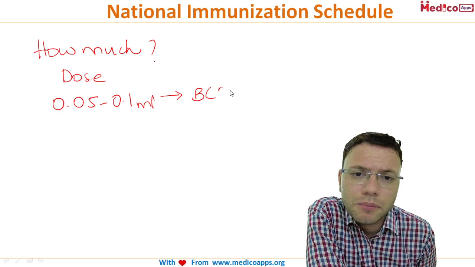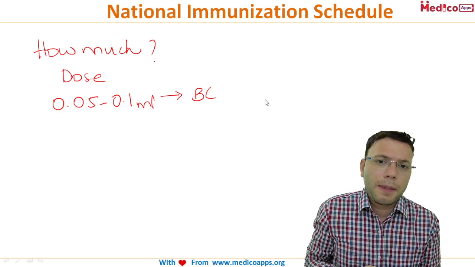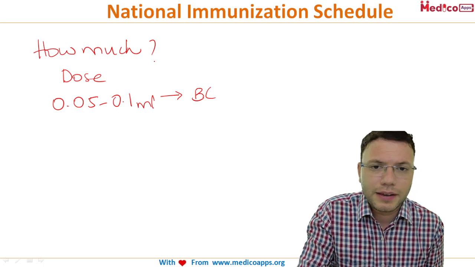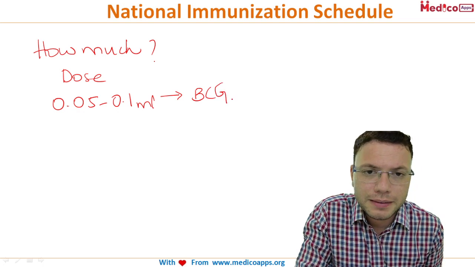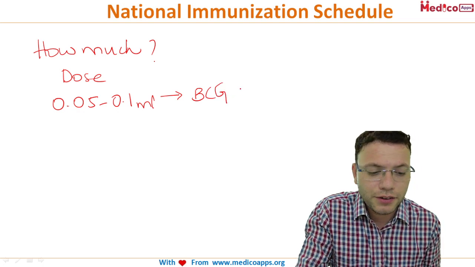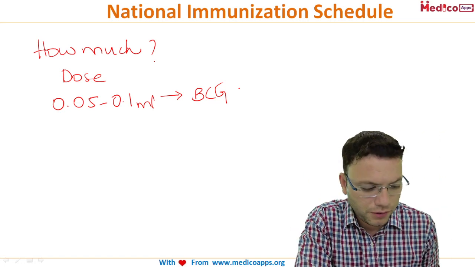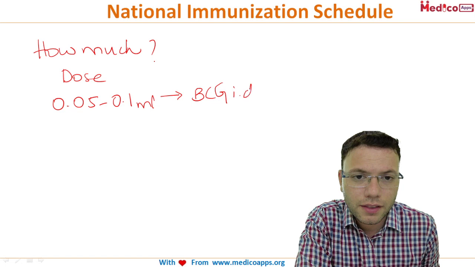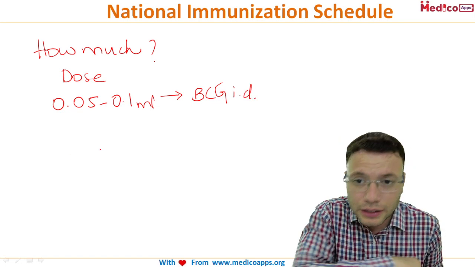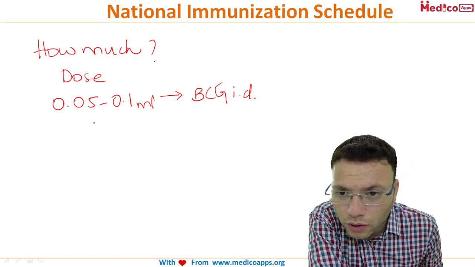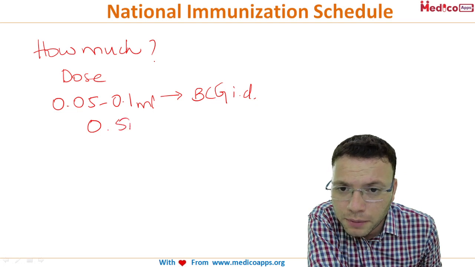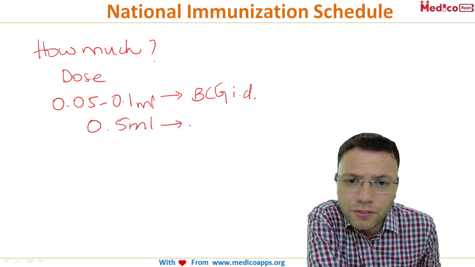Remember, BCG is given with a very small needle, intradermal. Then you have the larger quantity, 0.5 ml, which covers most of them, we'll talk about that later.